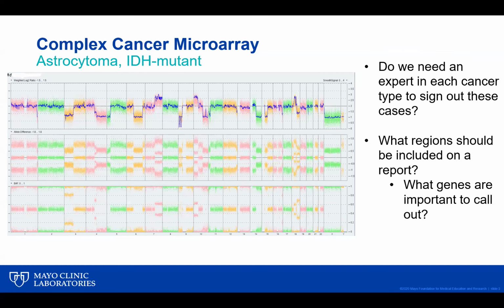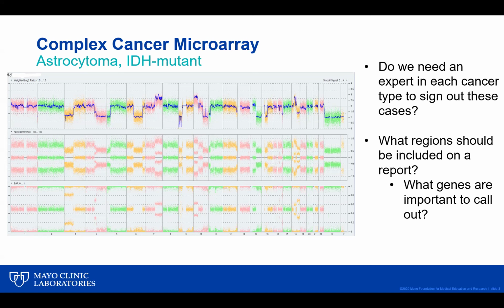How would we know that we caught the important genes in our report based on different cancer contexts? And if we would get, like, a cholangiocarcinoma, for instance, that was highly complex, but we have the expertise in lab in-house on that day to help us with that?